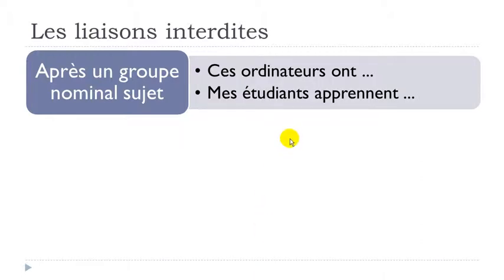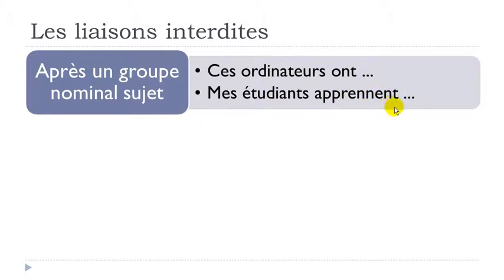And another rule is if you've got, like here, ces ordinateurs, or like here, mes étudiants. In these two sentences, ces ordinateurs is the subject, mes étudiants is the subject, and then you've got the verb coming after.